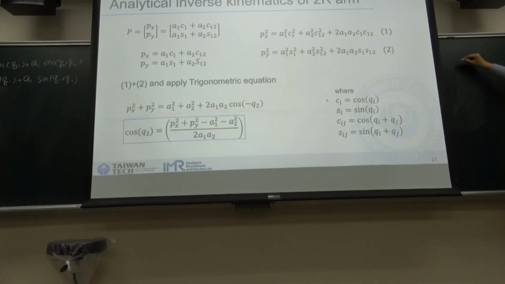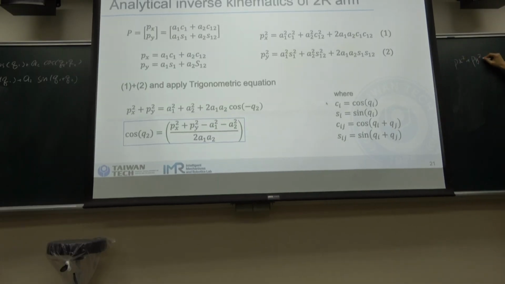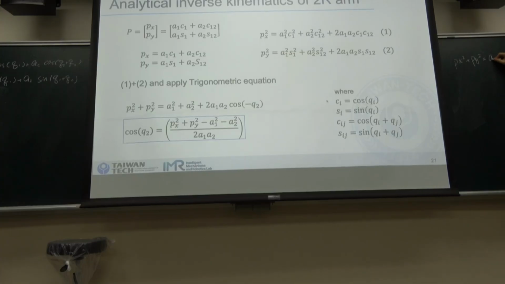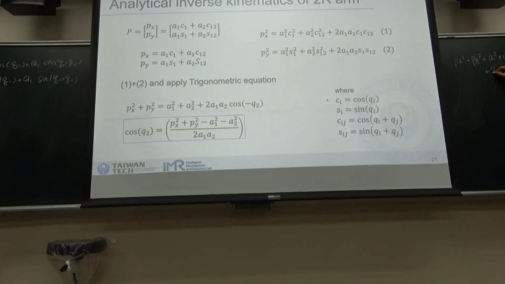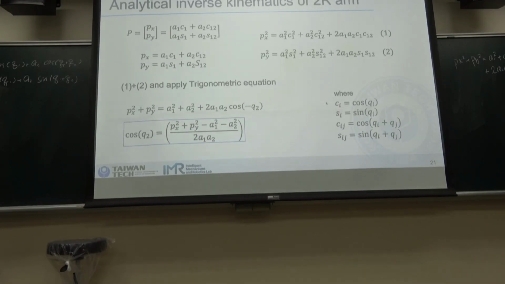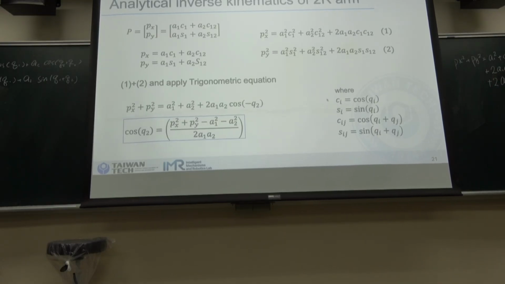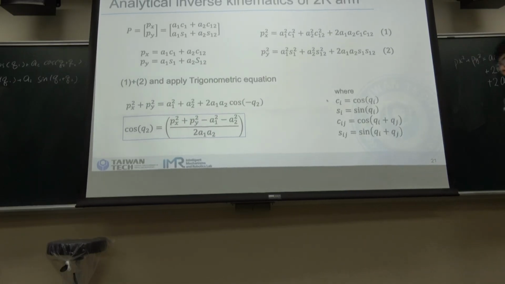So on the right, we can write it as Px squared plus Py squared equal to a1 squared plus a2 squared plus 2a1a2 cosine θ1 cosine θ2 plus 2a1a2 sine θ1 sine θ2.